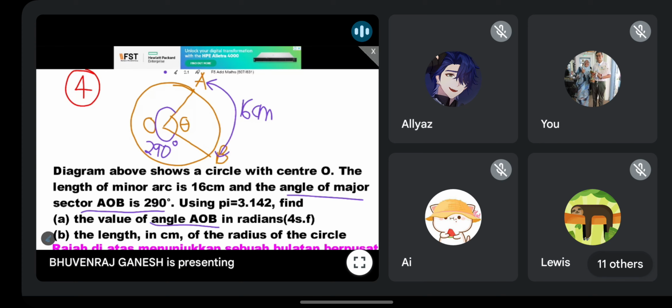Cari nilai theta. Radian. So can anyone tell me? This one very easy. Final answer. Bagi jawapan kamu dalam 4 DP. Okay, I want 4 SF. Soalan dah nyatakan. I want 4 SF.